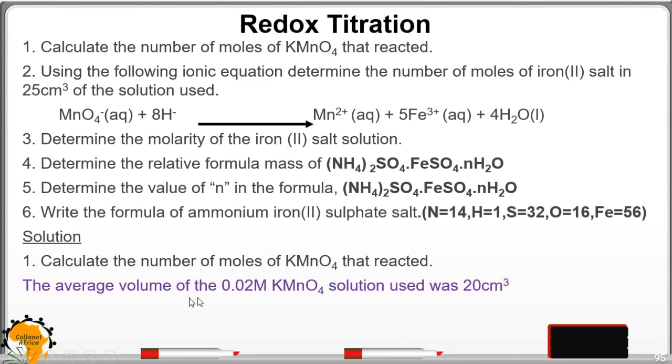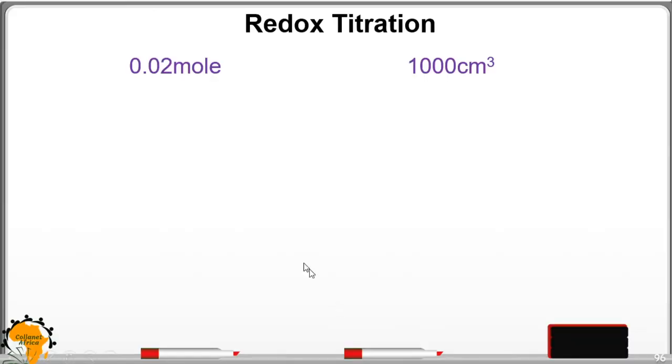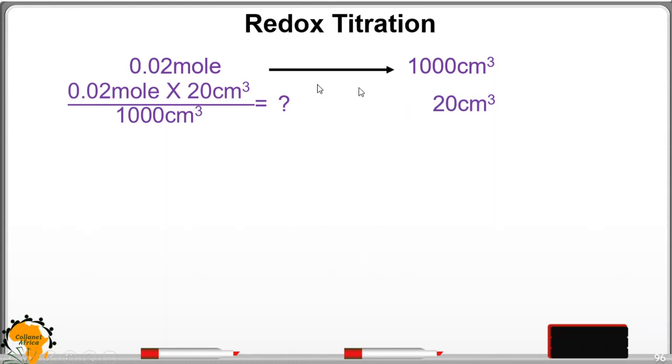Very simple. What do we know? The average volume of this was 20. So what's the meaning of 0.02 M? It means 0.02 moles in 1,000. What about in 20 cm³? Cross multiplication, you get the number of moles as 0.0004 moles of potassium permanganate.